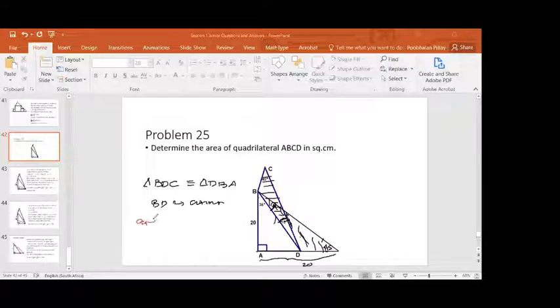The area of ABCD is equal to triangle ABD, that's the white triangle, plus the area of that part there. But we've just shown that the other triangle is congruent. So you're finding the area of this plus area of triangle BDE. We call this point E.